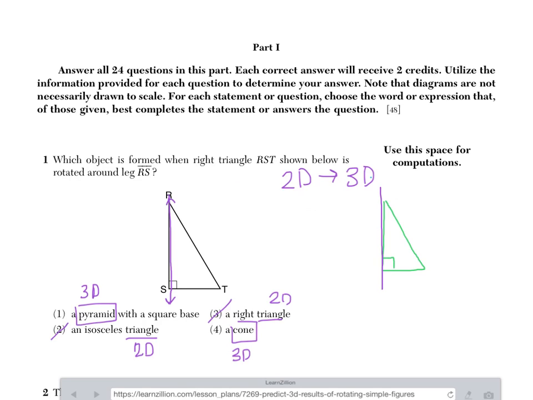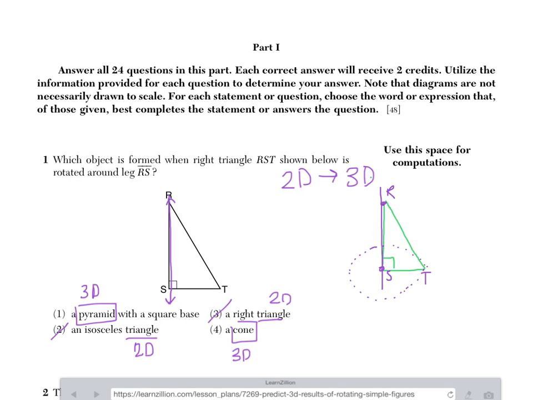Because I'm rotating on this line, any point on that line is going to stay just where it is. But any point outside of the line, like point T out here, is going to actually rotate around this line segment. And I have to make a full circle here because I'm rotating 360 degrees, rotating continuously around segment RS.